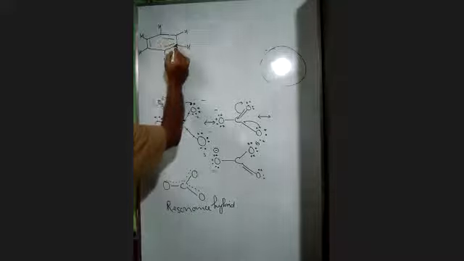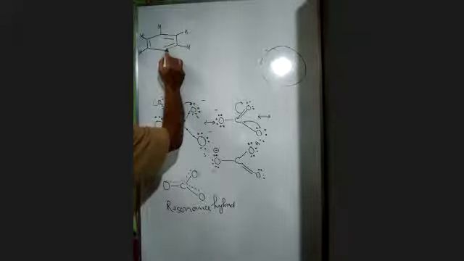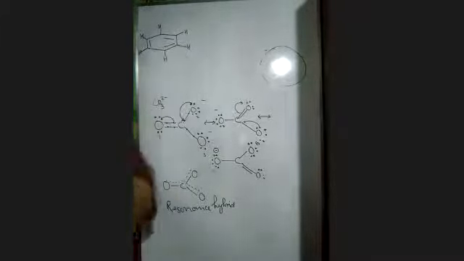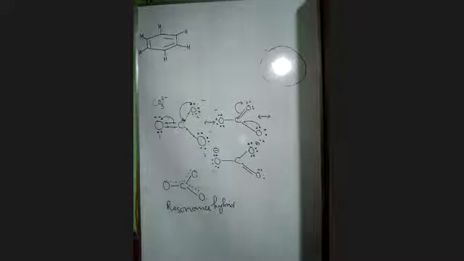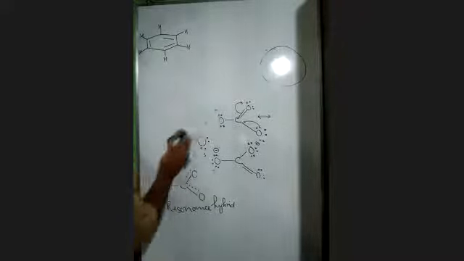Take the example of this carbon. In this bond you have 2 electrons, in this bond 2 electrons, 2 plus 2, 4. Then you have another 2, so 6. And this double bond also has 2. So 8 electrons are there. So this is benzene.